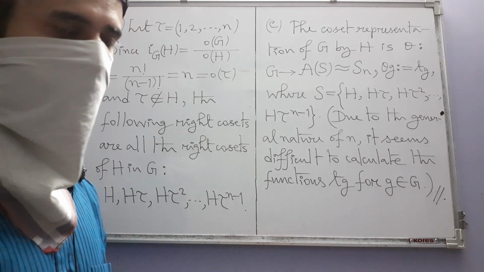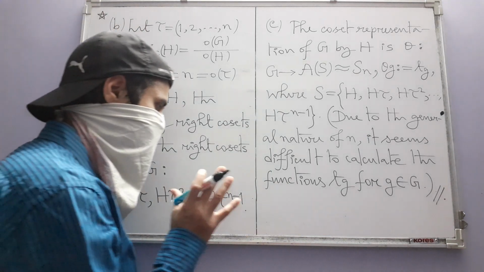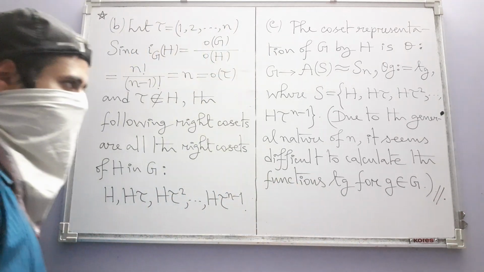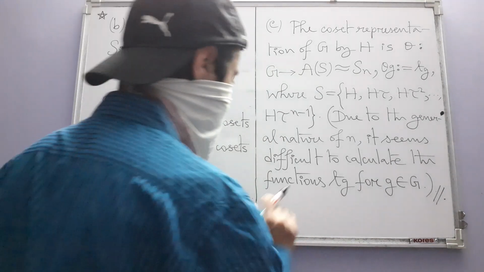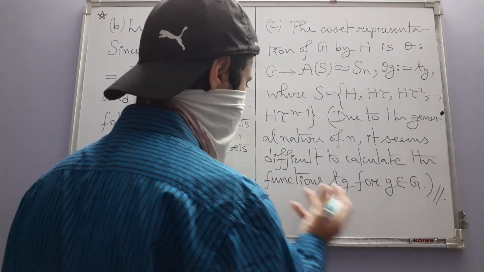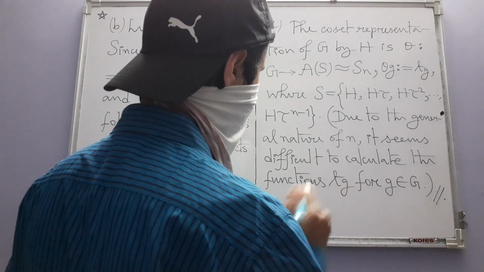If you see something, and in fact let's just for a moment try to think of why I am saying this. What shall we need in order to calculate some such Tg?